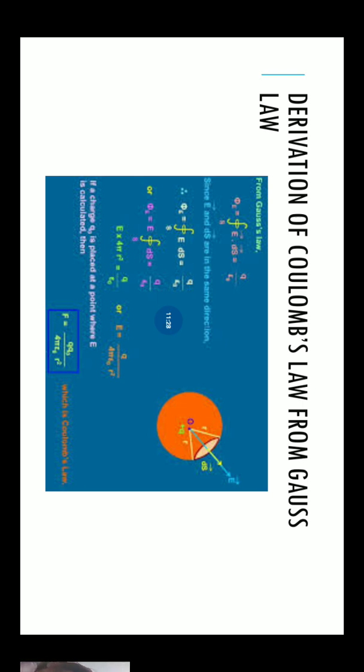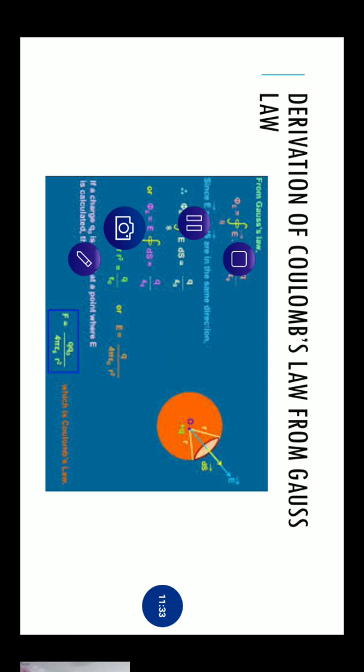Now electric field E is constant, we take it out, into integral of ds is Q upon epsilon naught. The integral of ds will be the total area, that is 4 pi r square. So E into 4 pi r square is Q upon epsilon naught, or if we take 4 pi r square to the other side, we get E is equal to Q upon 4 pi epsilon naught r square.